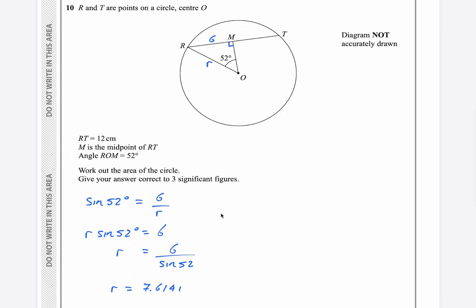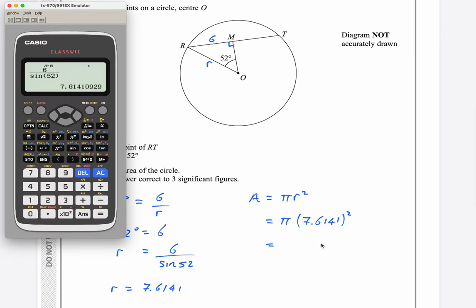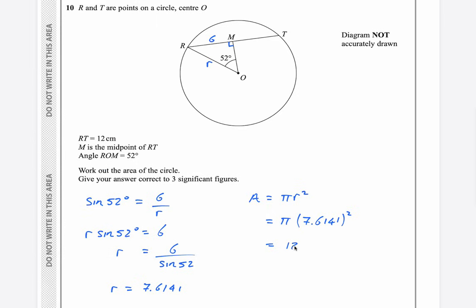7.6141. I'm not rounding it too much yet, because the area is then equal to pi r squared, area of a circle, which is equal to pi times 7.6141 squared, which is 182.132.